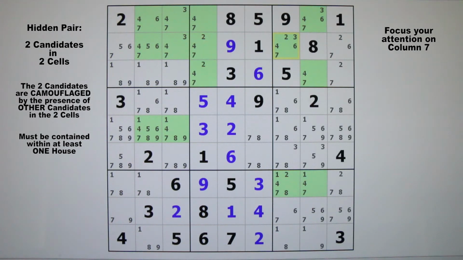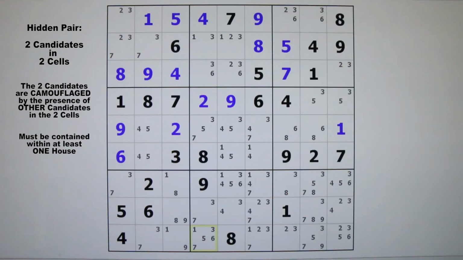Now let's look at the filter for candidate 2, and we see those same 2 cells are lit up. So that identifies your hidden pair. And sometimes you can use that as a test to make sure you're not seeing double. You just test the filters, and if it lights up the same 2 cells, you know you've found a hidden pair. All right, let's go to the next one.